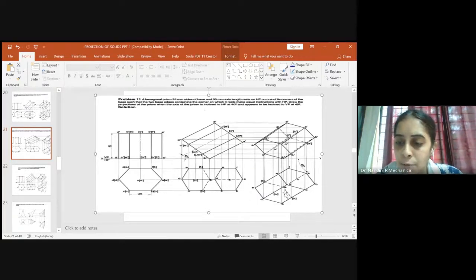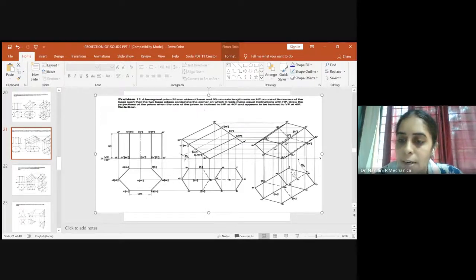So here you have A1. You just draw a line from A1 and see where the projection of A1 dash is. You stop that projection line at that point only, so you will have clarity. So this A1 is meeting A1 dash over here. Just make the reference at this point itself and name it A1 dash. And then come to B1.